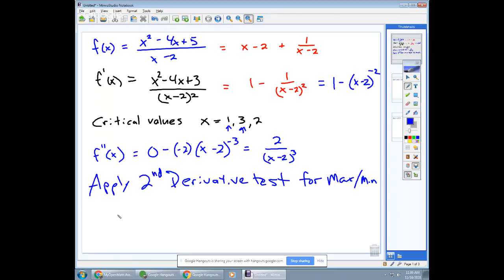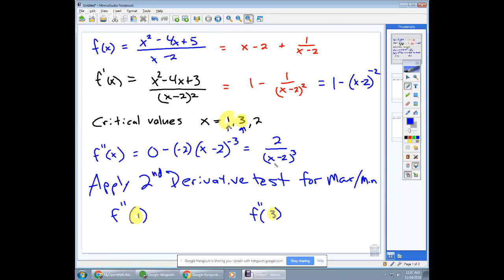So what I want to know is what is the second derivative evaluated at 1, because 1 is a critical number. And what is the second derivative evaluated at 3? Because 3 is a critical number. And although you could plug 2 in, you get no answer, so it doesn't help anything. So if we plug that in, what do we get?